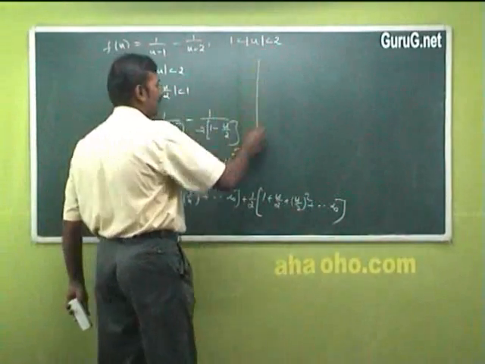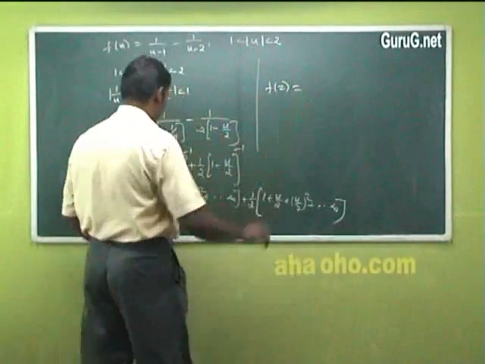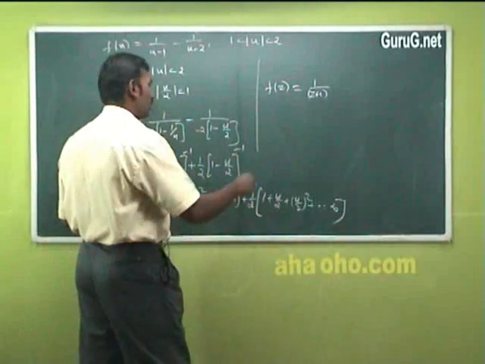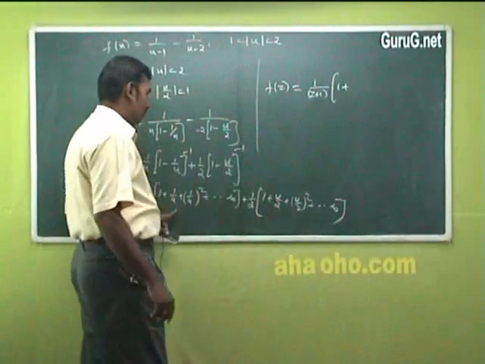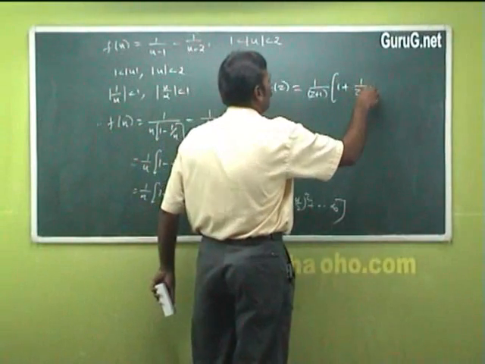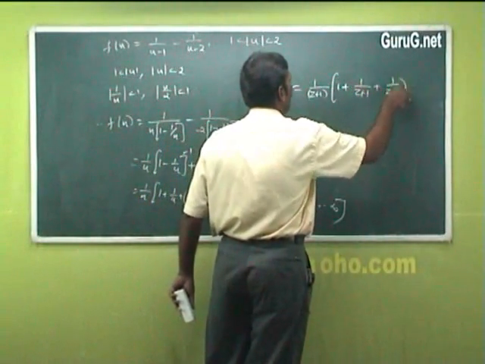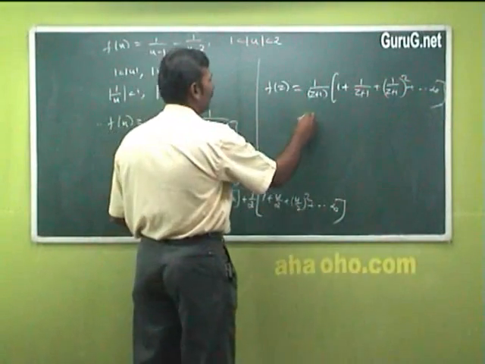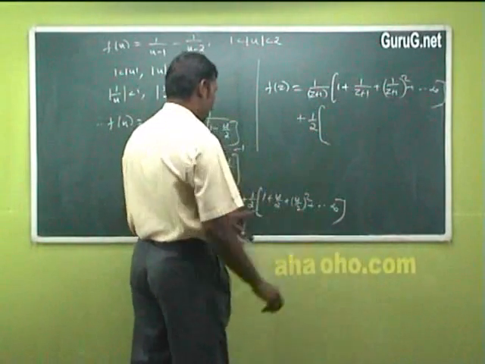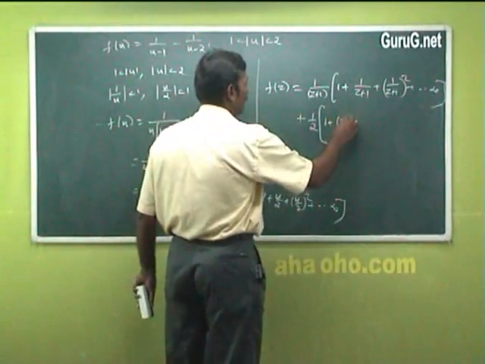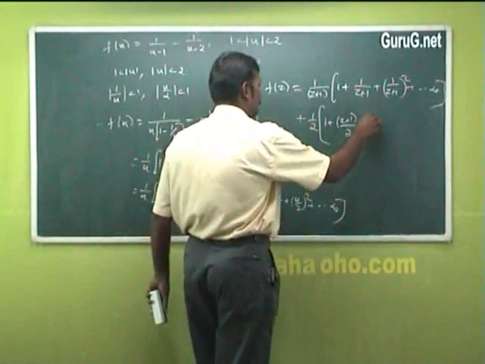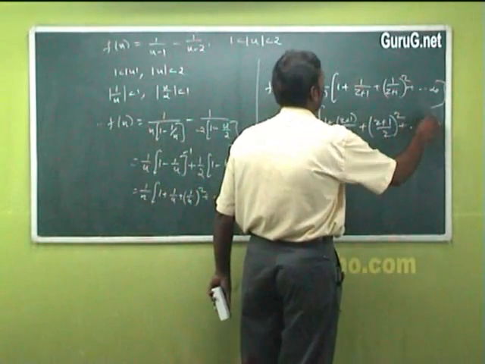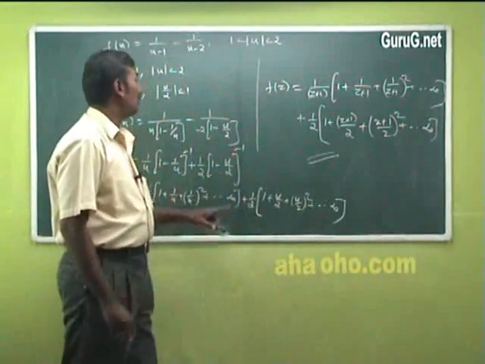So therefore f of z equal to, u is z plus 1, so 1 by z plus 1 into 1 plus 1 by z plus 1 plus 1 by z plus 1 the whole square plus etc. to infinity, then plus 1 by 2 into 1 plus z plus 1 by 2 plus z plus 1 by 2 the whole square plus etc. to infinity. So this is the right answer for this problem, right?